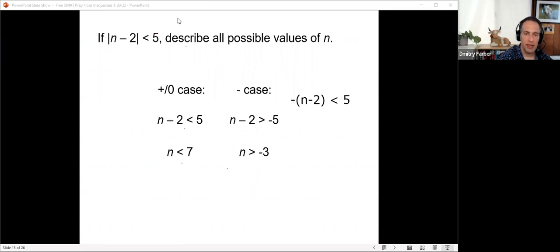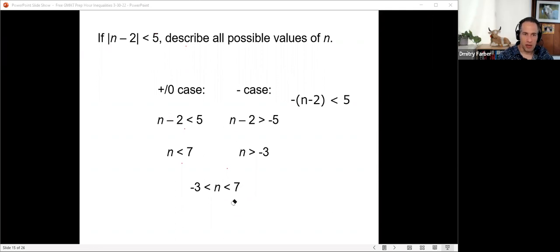And again, because it's a less than, nothing changed from last time. Less than is going to give me a conjunction, a situation where the values join in the middle. Any value between 7 and negative 3, exclusive, will put me less than 5. When n is 7, 7 minus 2 is 5, so I need n to be a little less than 7. N gets down to 4, 4 minus 2 is just 2.